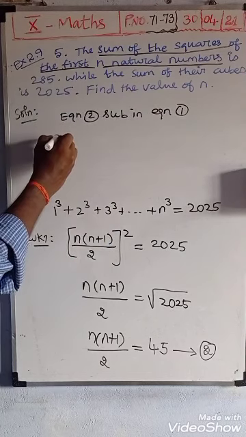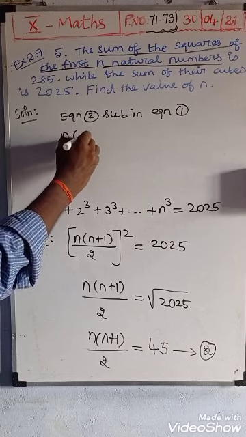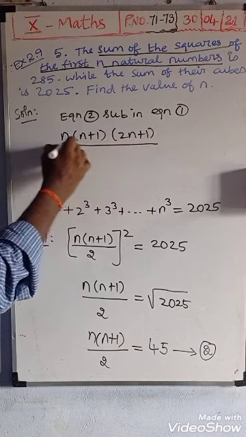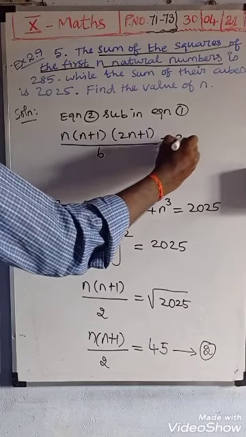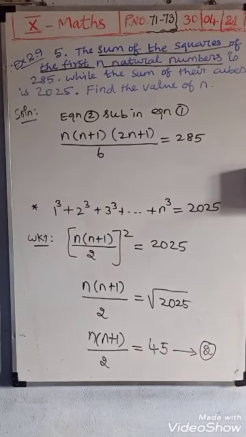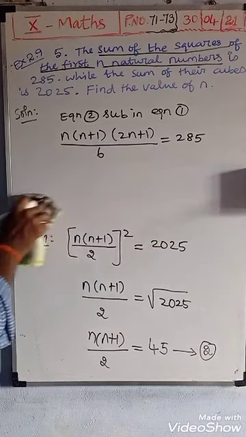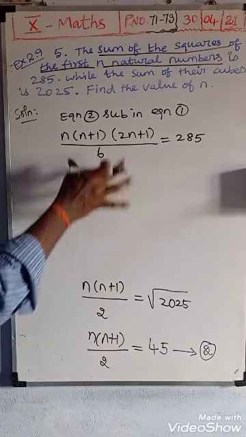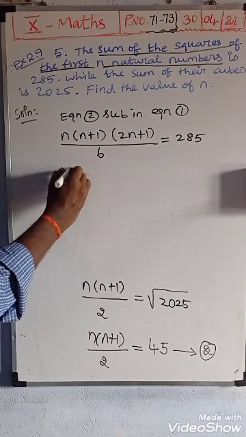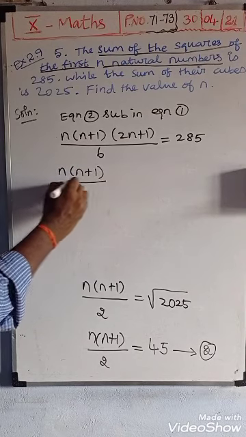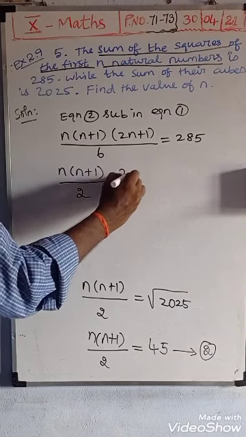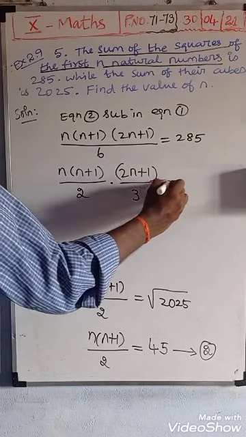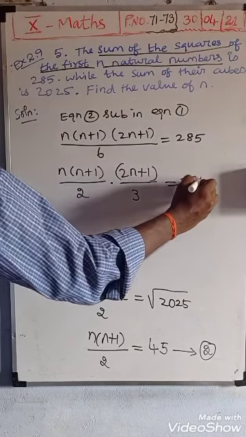So what is equation 1? n into n plus 1 into 2n plus 1, whole divided by 6, is equal to 285. Now we want to apply the value of n into n plus 1 by 2. So we split this into n into n plus 1 by 2 into 2n plus 1 by 3, is equal to 285.